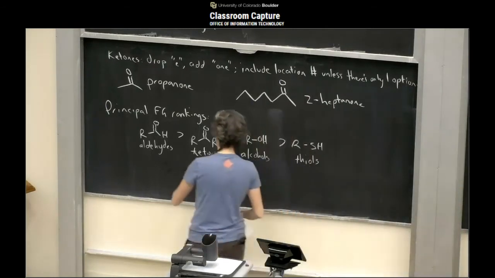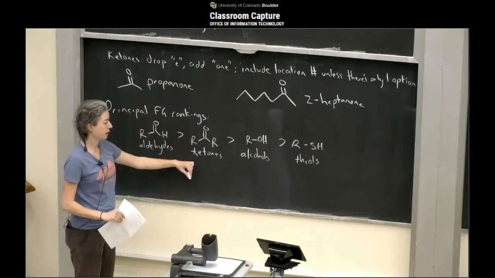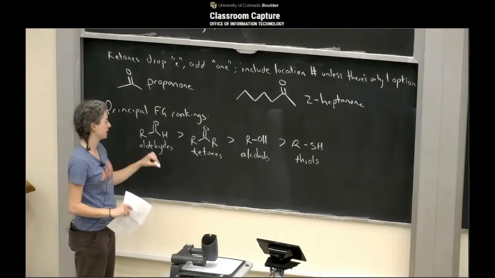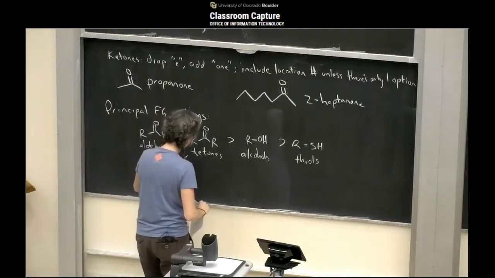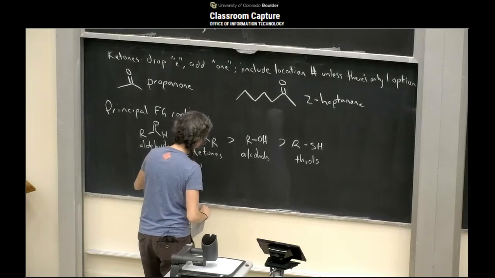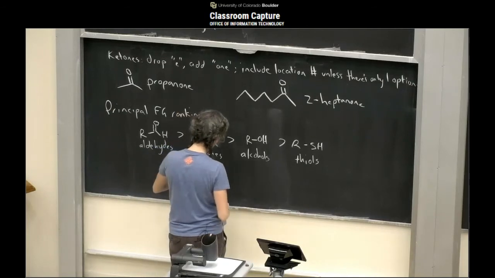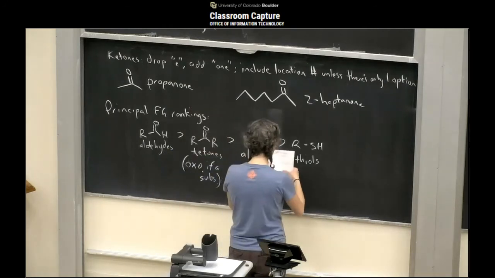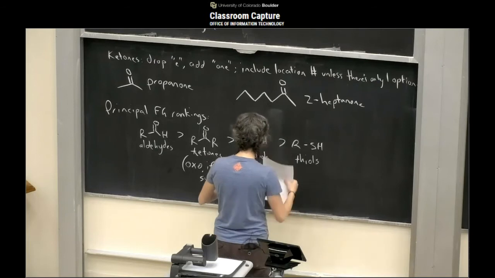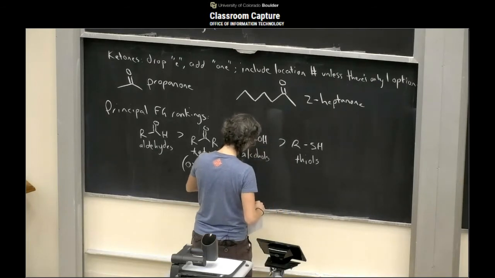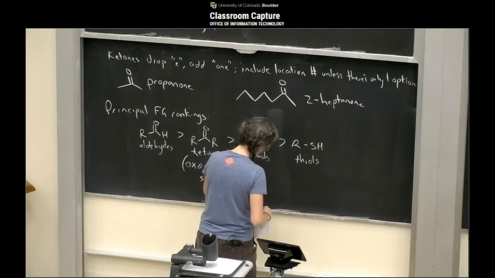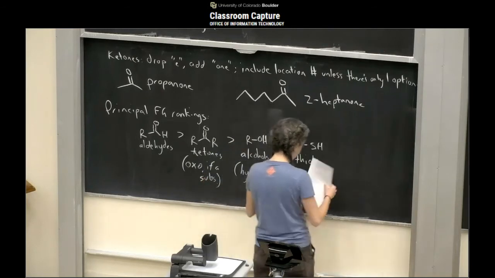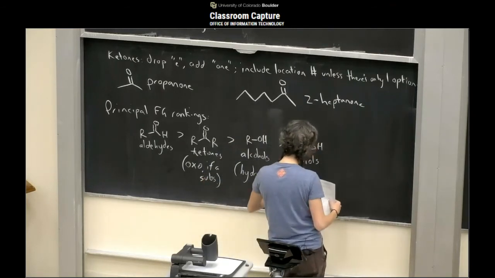So basically ketones, if those happen to be a substituent on a molecule that's getting named as an aldehyde, we're going to call that an oxo substituent. Alcohols we're going to call hydroxy. And thiols we're going to call mercapto.